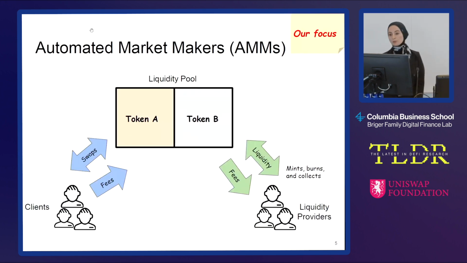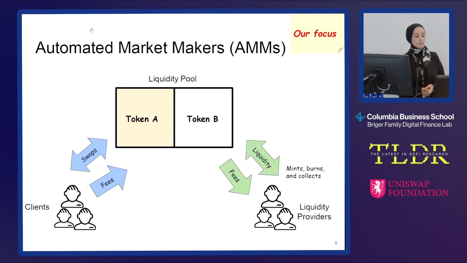The focus of this work is on a popular application under the DeFi category, which is AMMs. Allow me to provide a brief background just to remind you of the types of transactions that are exchanged in AMMs.